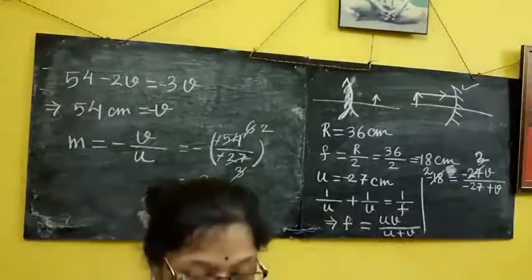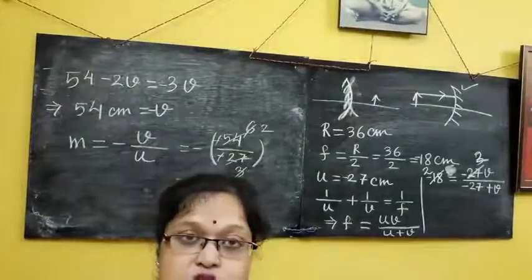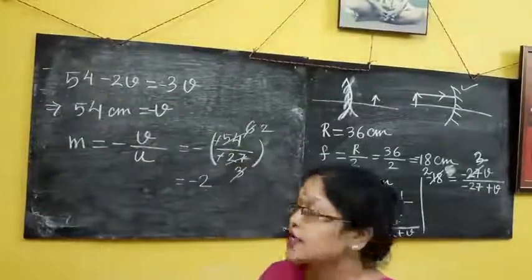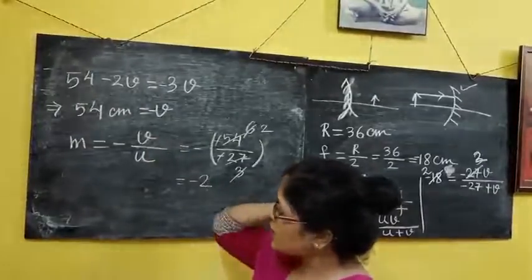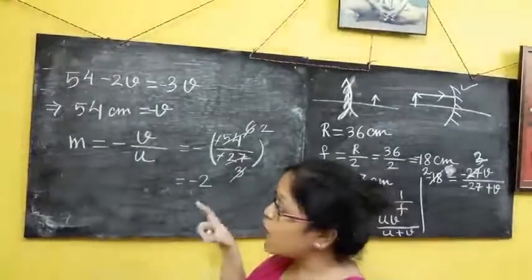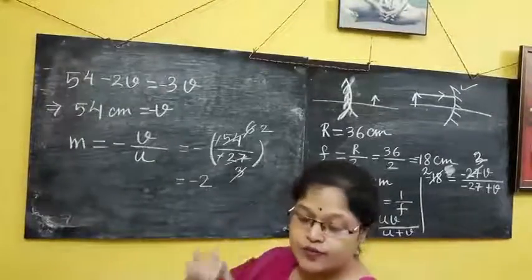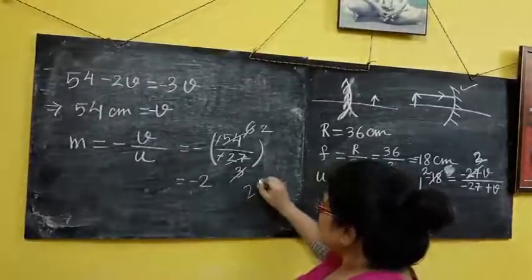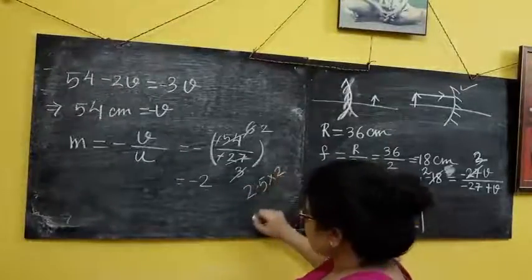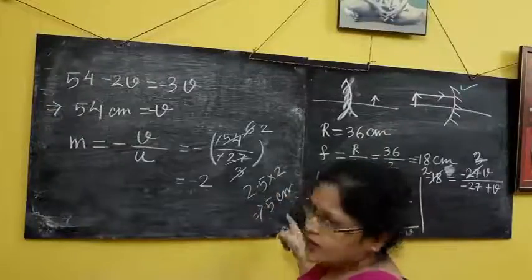Magnification is 2, meaning the ratio of image by object will be twice. So how much will be the increment? Previously it was 2.5 centimeters. So 2.5 into 2 means how much? So the image will be 5 centimeter.